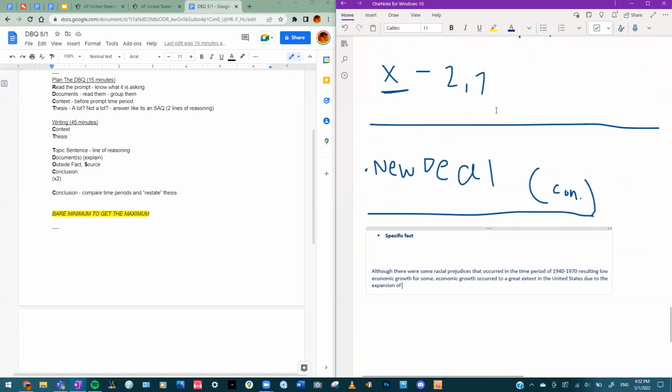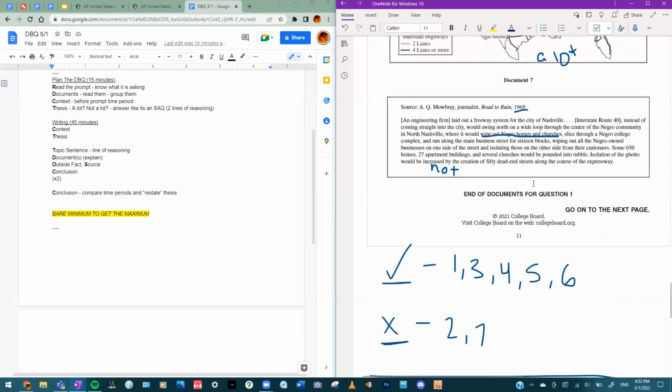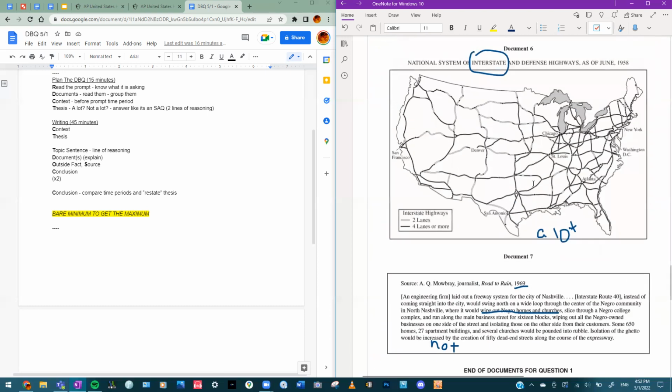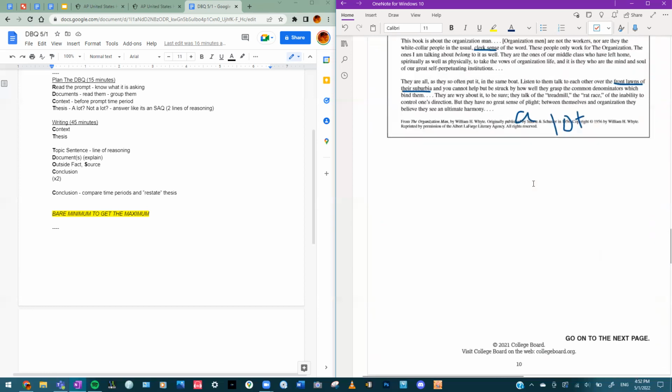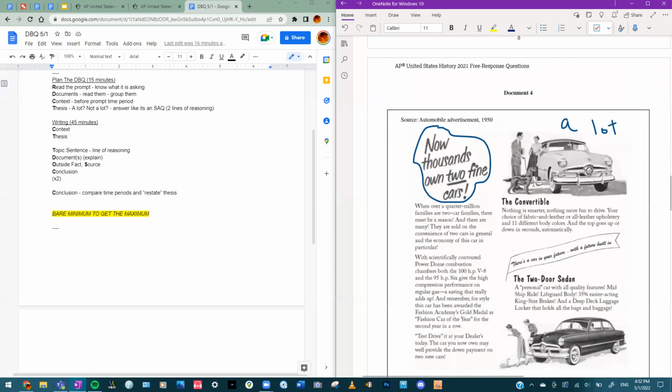Obviously, we can't say the expansion of the economy. That's redundant. The expansion of, so it can be tricky. We need to make sure we get this right because this is the basis of our argument.